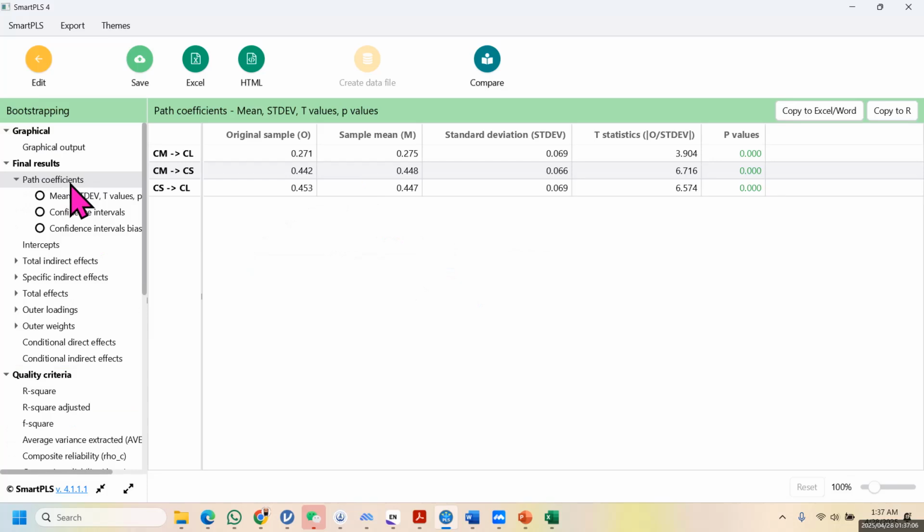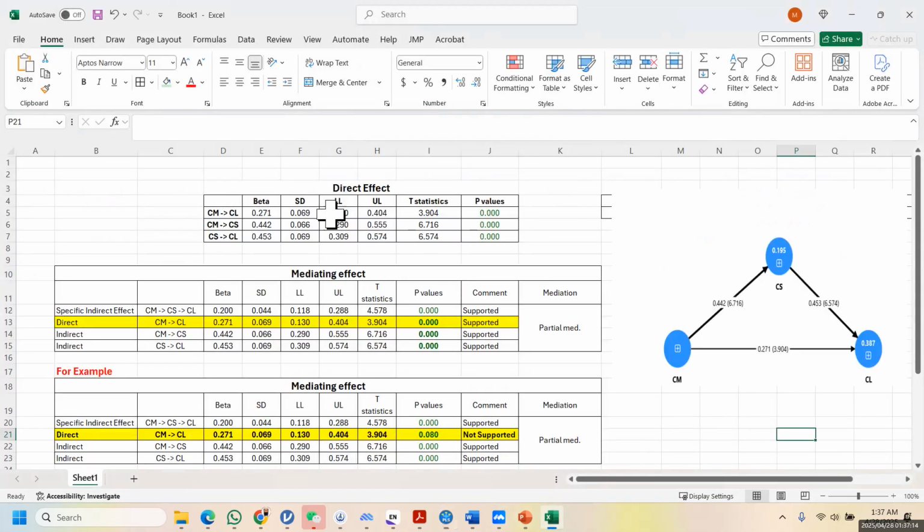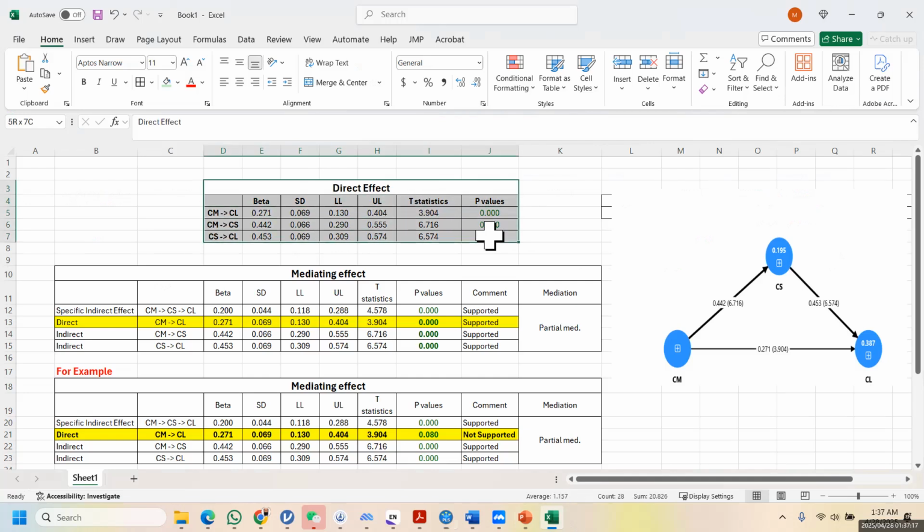Here in the path coefficient table, copy it. In the direct relationship, CM, that means content marketing, is significantly and positively related to customer loyalty, because the P value is less than or equal to 0.05, the T value is greater than or equal to 1.96, and the lower limit and upper limit do not include 0.